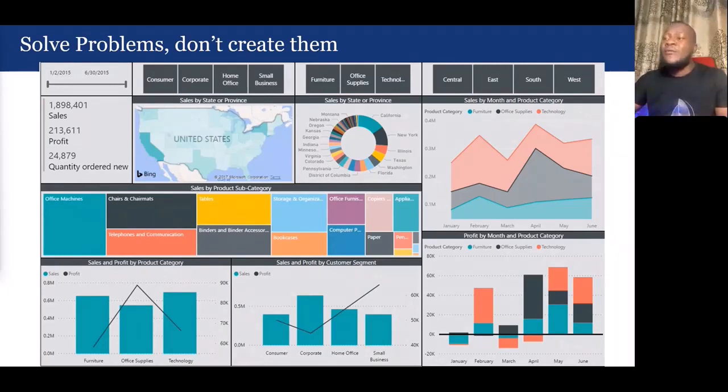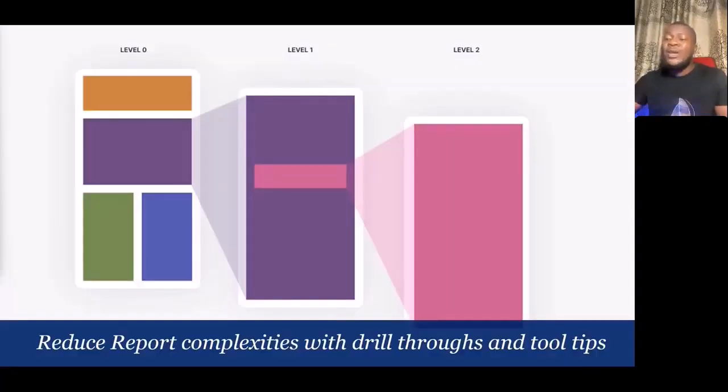And a very good way of reducing report complexity is to maybe use drill throughs and tooltips. And what do I mean by this? So you have what I call level 0, where you have maybe the most important element, the information you want to capture on a high level, right? And then you have functionality whereby you're able to drill through to the other elements or the other level in that report.